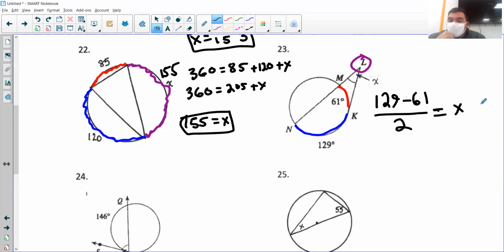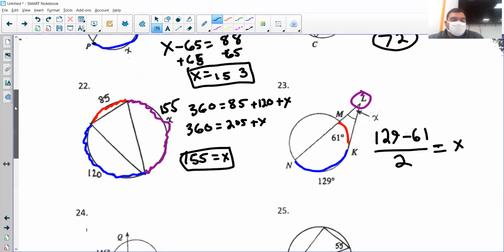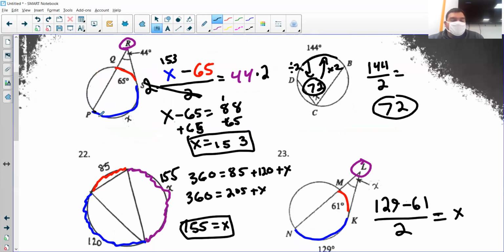Since the variable's X here, I'll use X. Is it always going to be like that, or could the X be like 61? We literally did a problem with that, because you can see previously we did it where it was the blue arc.